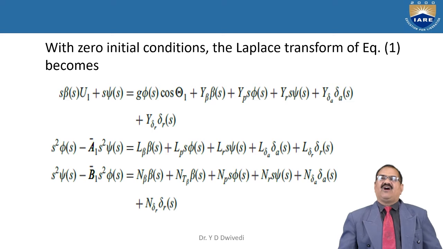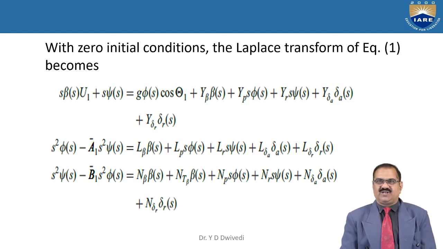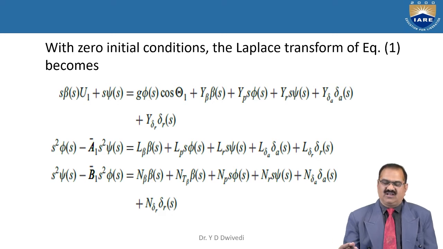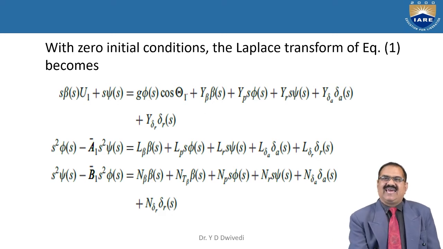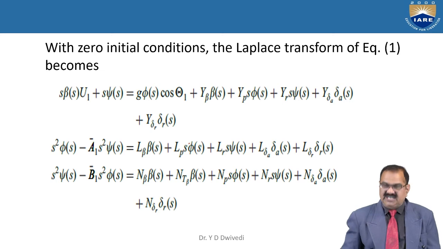So here we have to use the Laplace transform for solving this equation which I have shown here. Here we have made all the functions with s, and you can see that everywhere we have added the s: beta s, phi s, delta as, delta rs in all the 3 equations.